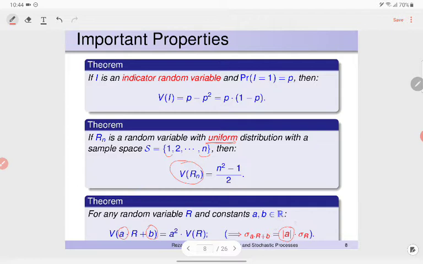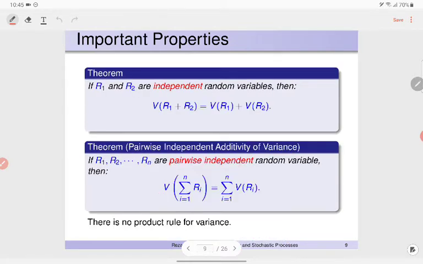Because this is the square root of a squared. The square root of a squared, no matter what a is, is the absolute value of a. Another important property is the summation.